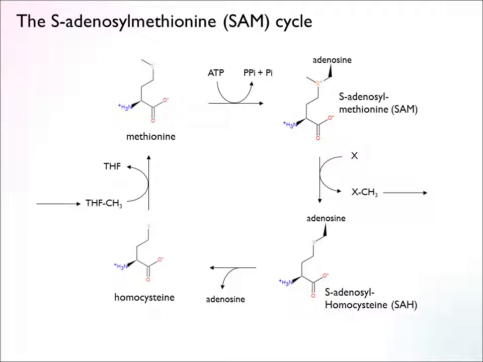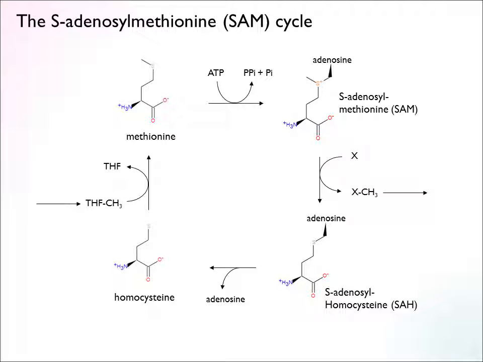The sulfur atom is very keen to donate this methyl group to other things. So it's a very good methyl donor, with very favorable reactions to methylate from this.